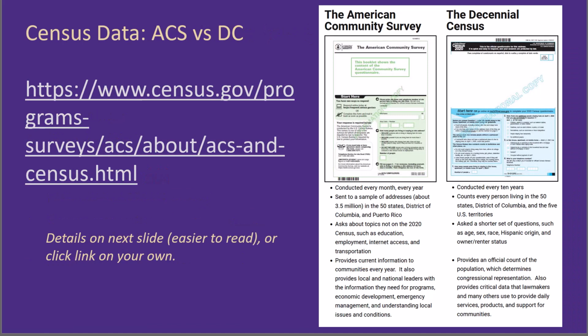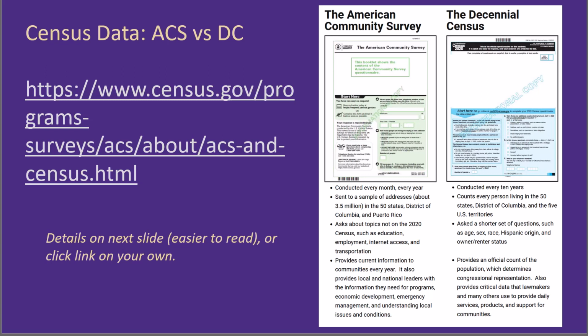The U.S. Census is comprised of the American Community Survey and the decennial census. And feel free to zoom in on this graphic, or you can wait until the next slide where I copy and paste the details for you to see.